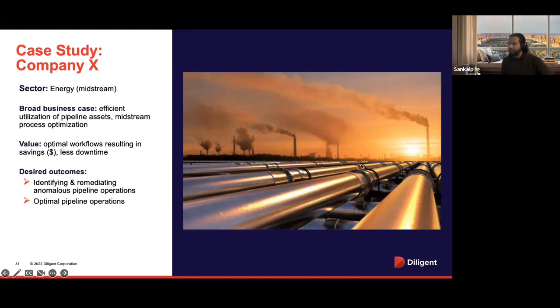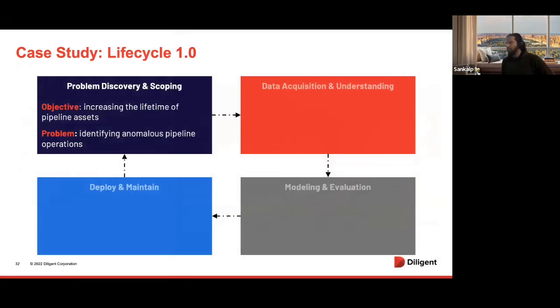So now let's see, if this was a problem that we are trying to address using machine learning, how would we frame the problem and how would we use the lifecycle framework for that? So adopting the lifecycle framework for this use case, we obviously start with the business objective and the problem definition. In this case, the objective is increasing the lifetime of pipeline assets.